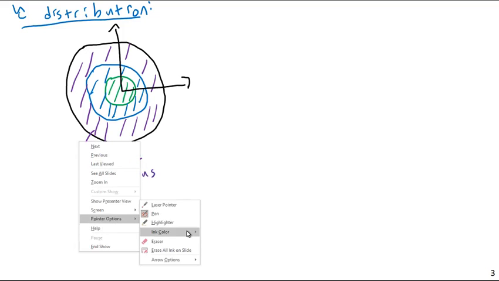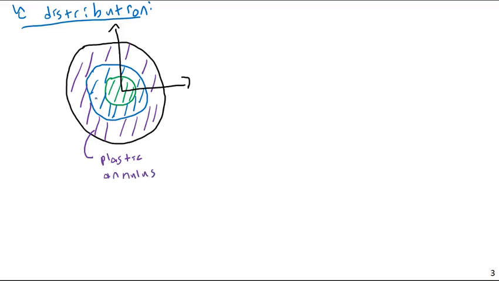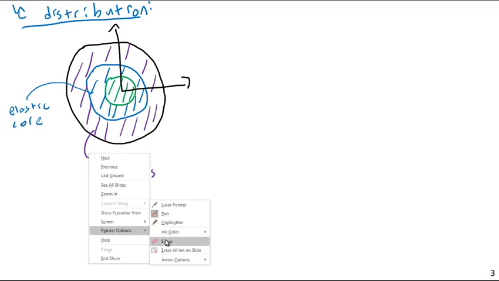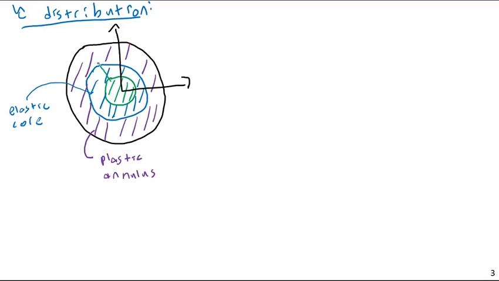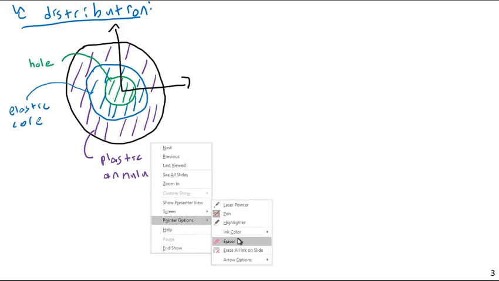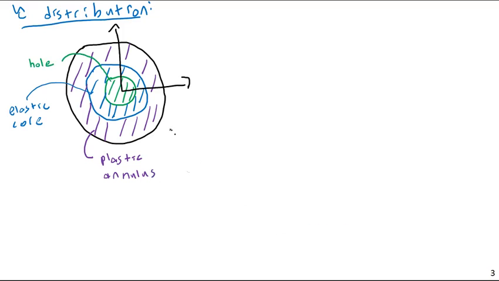In blue, I'm going to have the elastic core. In green, I'm going to have the hole. And in black, I'm going to have the outer surface of the cross section.